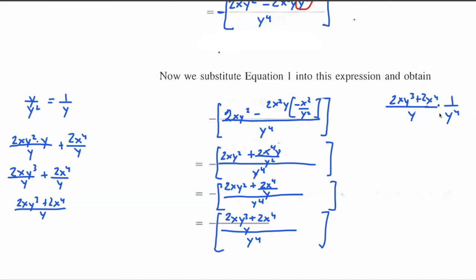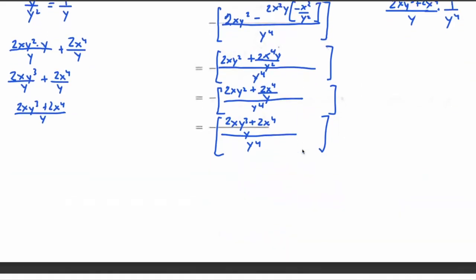And notice now the bottom is just going to be y times y to the 4. So if we rewrite this, then this is going to be equal to, you still have the negative in front, you still have this big bracket, and you have 2xy cubed plus 2x to the 4 all over now y to the 5.